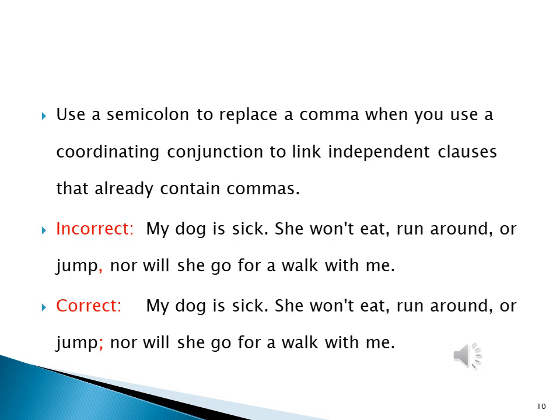So here we think of semicolon use. Okay, so here we use a semicolon to replace a comma. So instead of a comma, we replace the comma with what? Semicolon. That means we use it to separate, when you use a coordinating conjunction to link independent clauses that already contain commas.